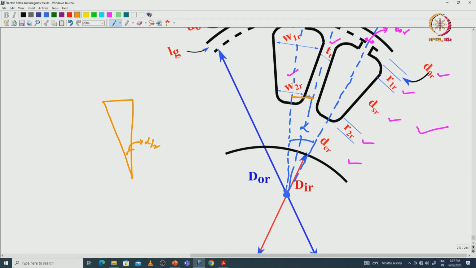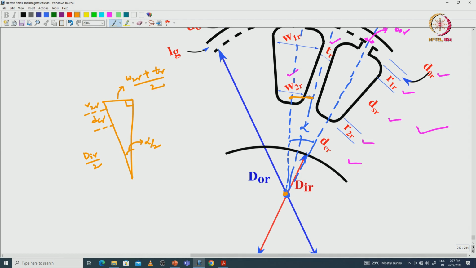We can consider this as a right angle triangle. The angle is alpha by 2 and the opposite side is W2R plus TR by 2, and this height, from this point to this point, is DIR by 2, up to this point, and after that DCR and then R2R.